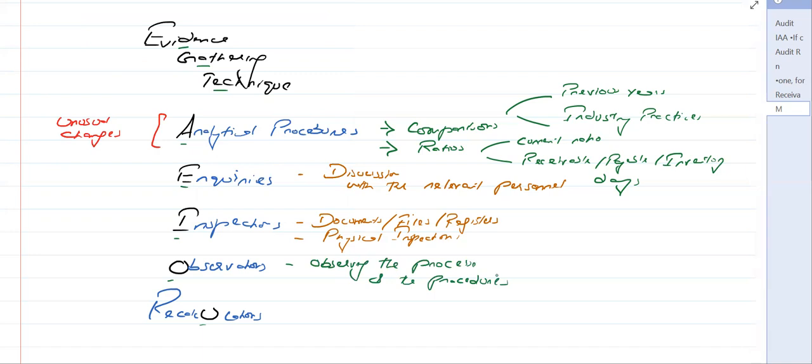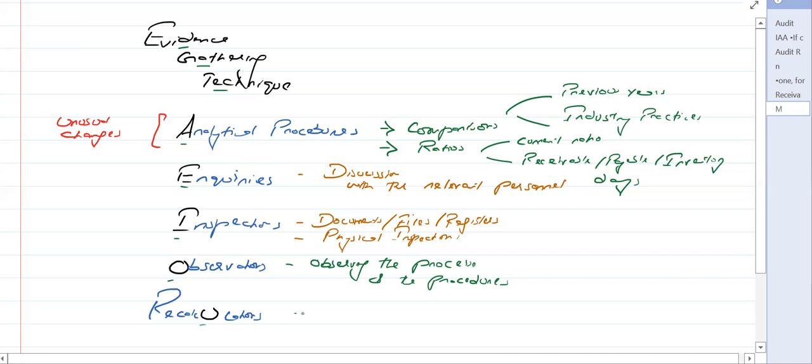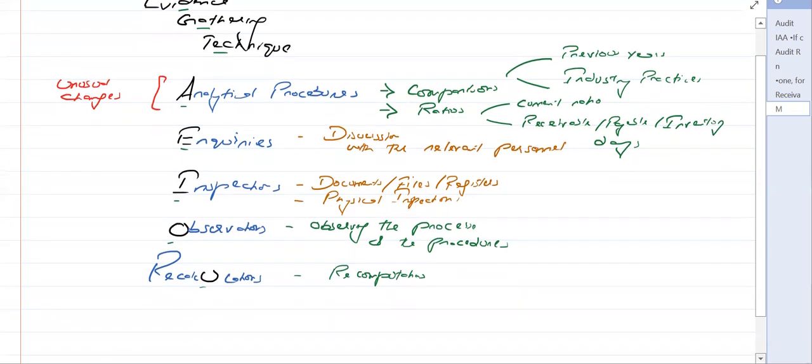For example, we talk about observe how the claims are actually dealt with. We'll be doing an example in a while. And that procedure is related to the financial statement. That is why we call it a substantive procedure. And then we have the recalculations or recomputations, and then agreeing that figure with the management's figure. So this is all about AEIOU.